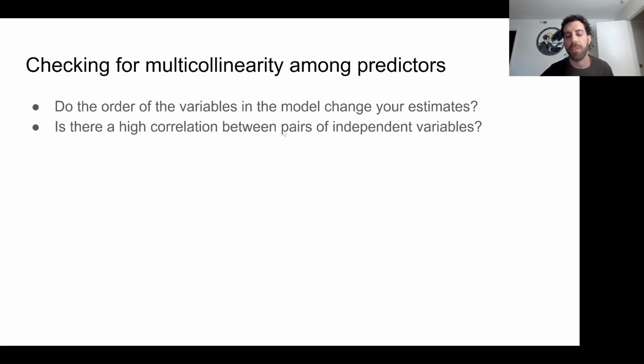And again, if they're categorical, you can't use correlation, but you can use ANOVA or chi-squared as appropriate. ANOVA in the case where one is quantitative and the other is categorical, and chi-squared when they're both categorical. And those will both give you indications of multicollinearity.